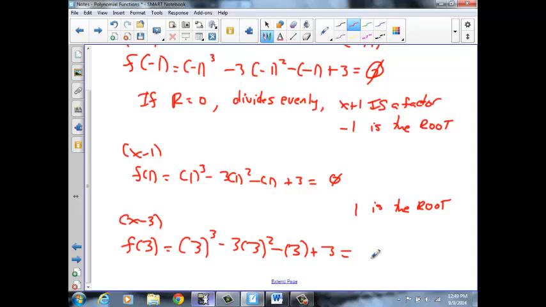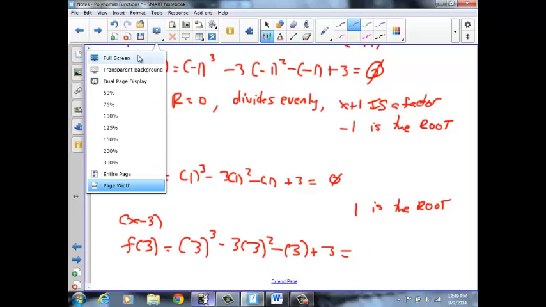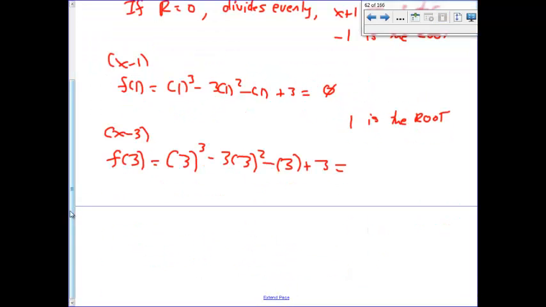Hopefully it does. Trying it out with 3, because when we looked at the graph, it looked like the other one was 3. So you got 0? So again, 3 is the other root.